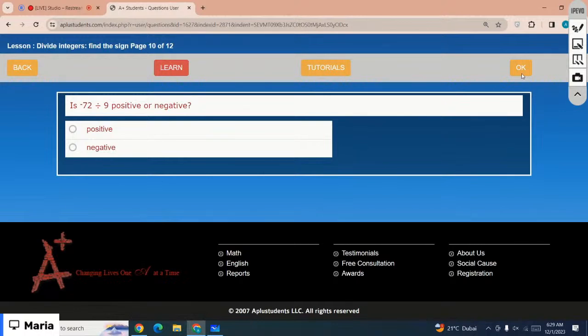Is negative 72 divided by 9 positive or negative? Yes, the correct option is negative.